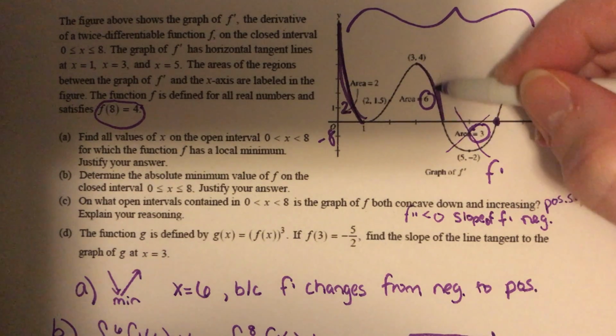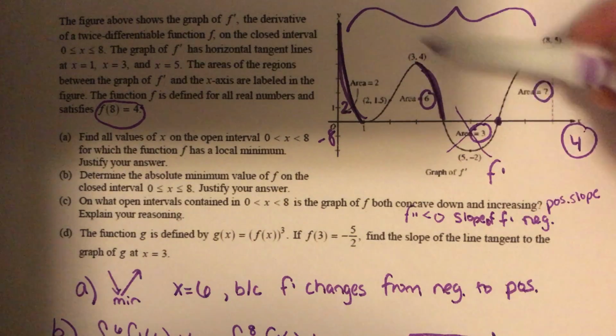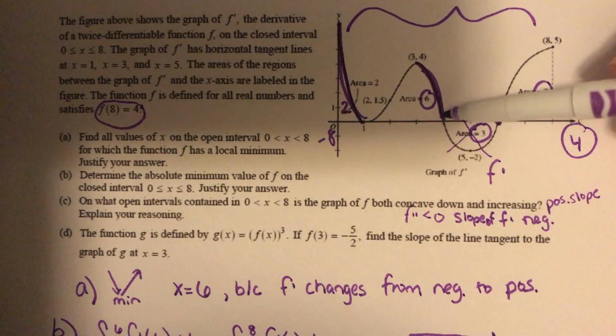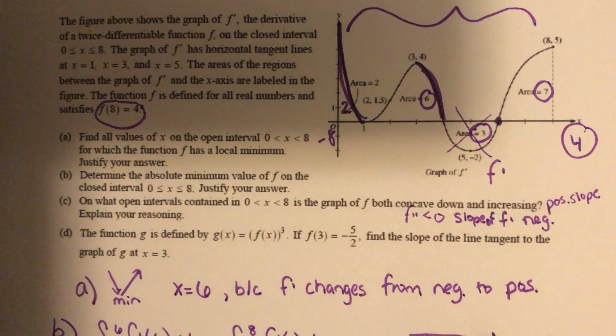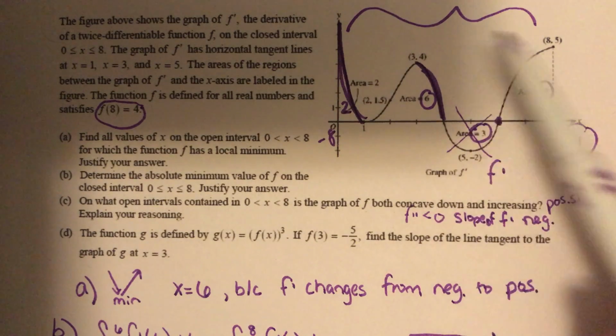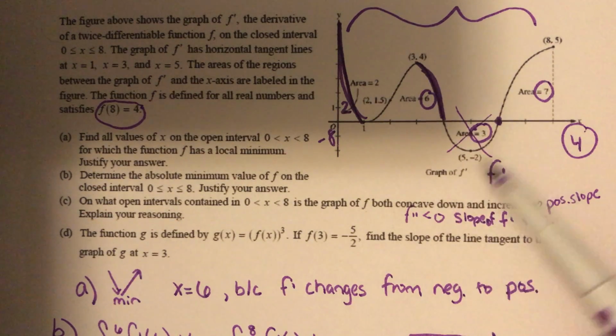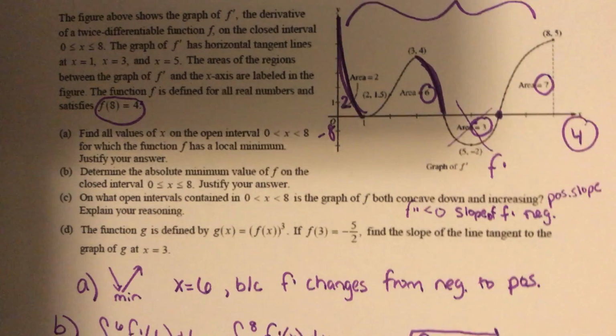and right here. So in those two spots, our slope is negative and our graph is going to be concave down. So remember, this is not a graph of the original function, but on the original function, that's where we would have those two things.